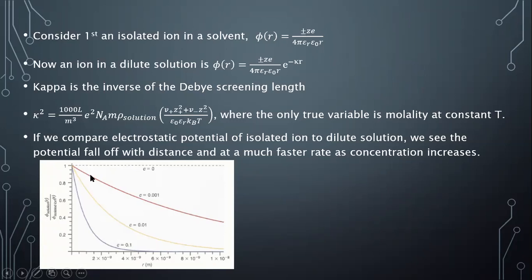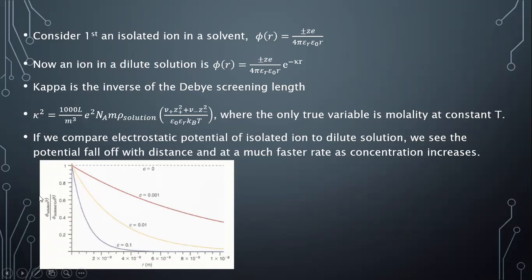That means the isolated ion's potential is greater; the electrostatic potential drops as we get further and further away when it's dilute, and then we increase the concentration by a factor of 10, and suddenly as we get further away, it drops off by a much greater factor, and it gets even more so as we get more concentrated.